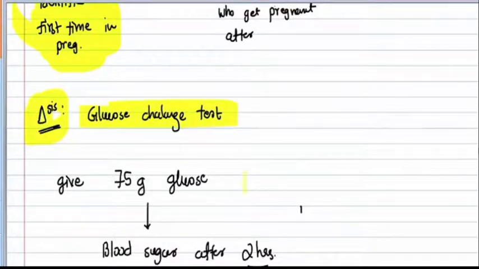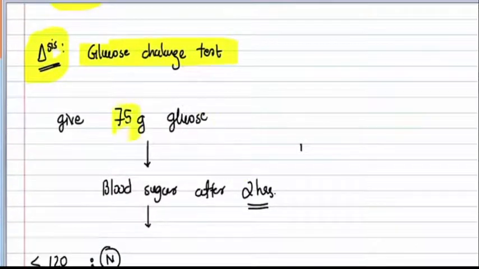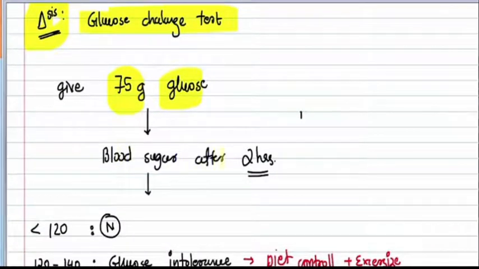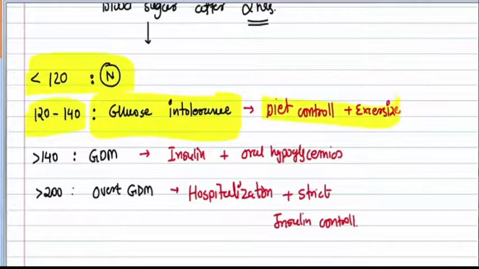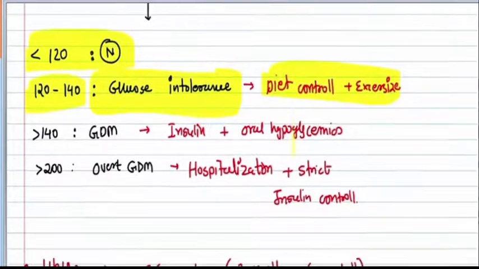This glucose challenge test is done with 75 gram or sometimes 50 gram of glucose, and blood sugar is measured 2 hours after intake of that glucose. If it is less than 120, then it is taken as normal. If it is 120 to 140, then glucose intolerance is diagnosed and it can be treated with diet control and exercise.